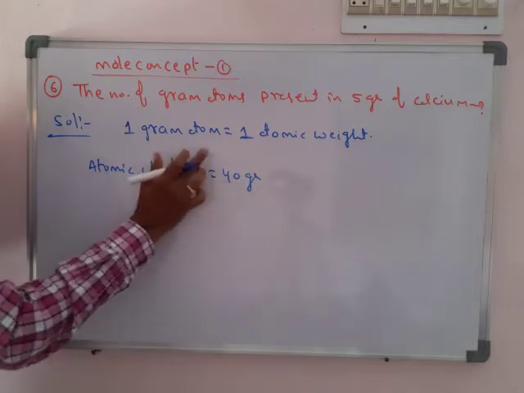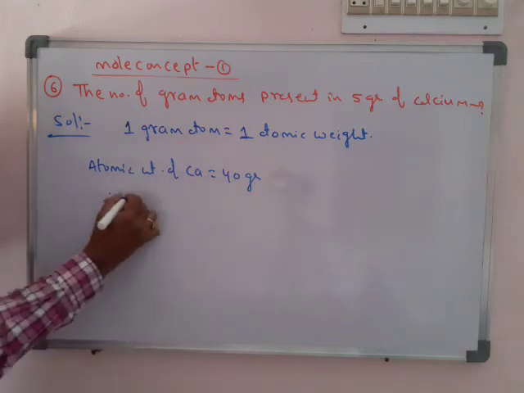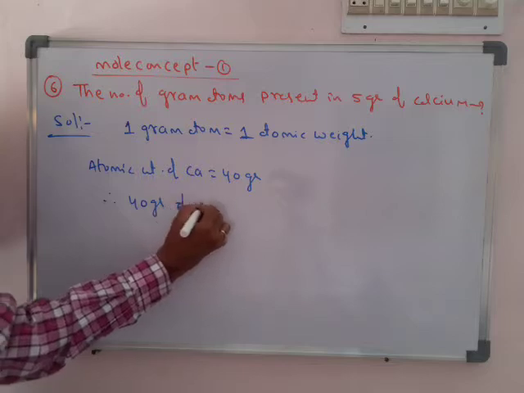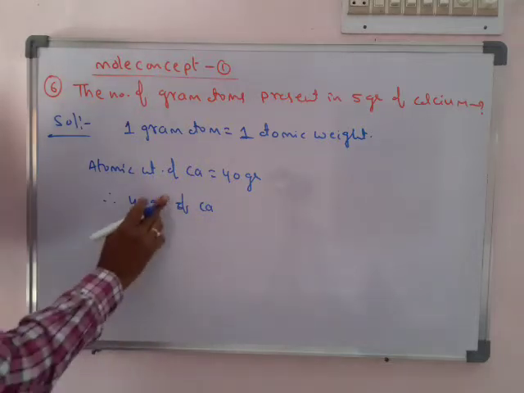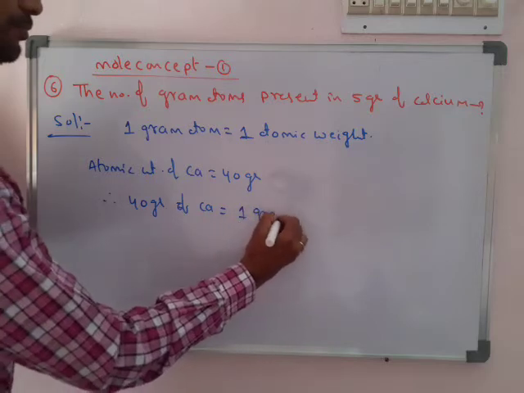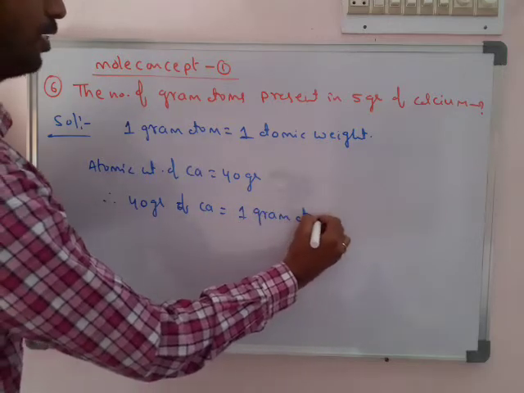So 40 grams of calcium equals 1 gram atom.